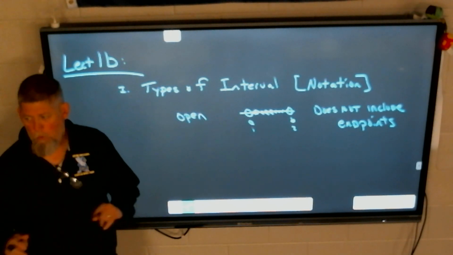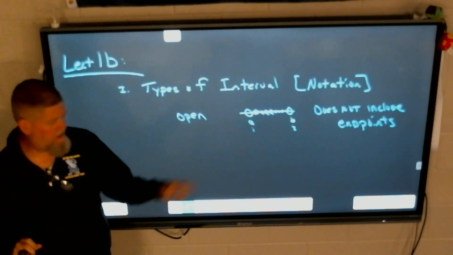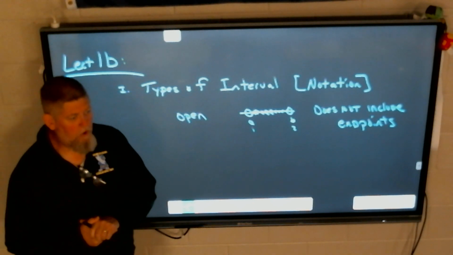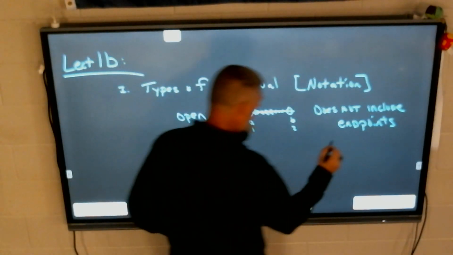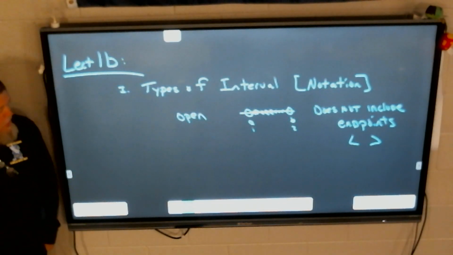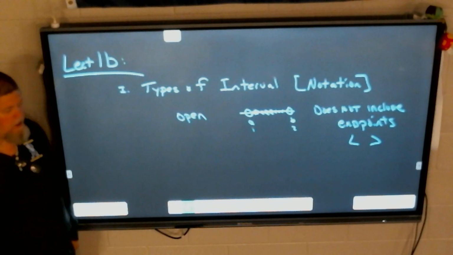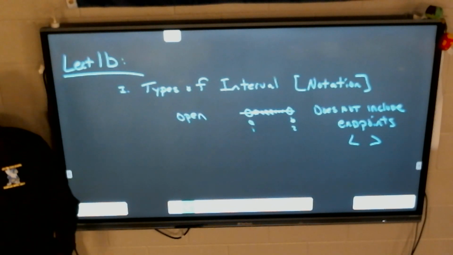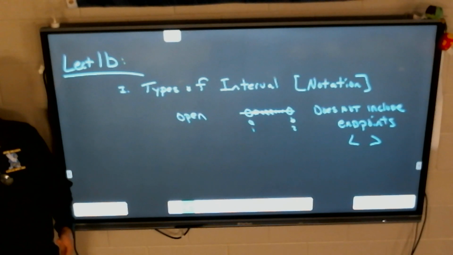Now, what symbols do we use in inequality to symbolize this? Yes? Greater than or? Not equal to. Greater than or less than. Okay. Those symbols are what we use to declare an open interval. Now, even further than that, in interval notation, I'll give you a 50-50 on this one. Is it a parenthesis or a bracket?